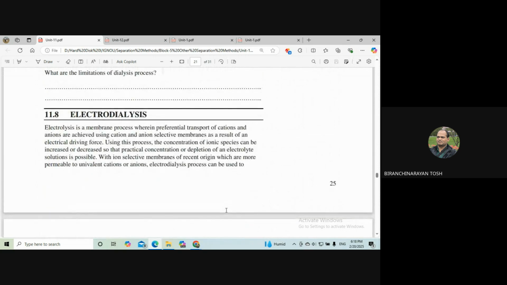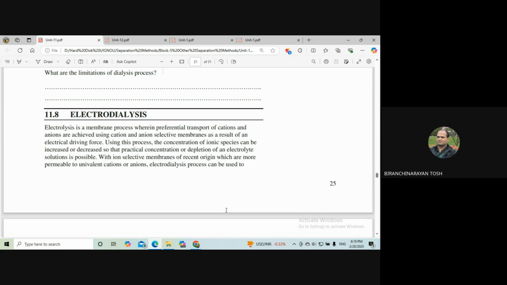Then move to electrodialysis. Electrodialysis is a membrane process wherein preferential transport of cations and anions is achieved through cation and anion selective membranes as a result of an electrical driving force.